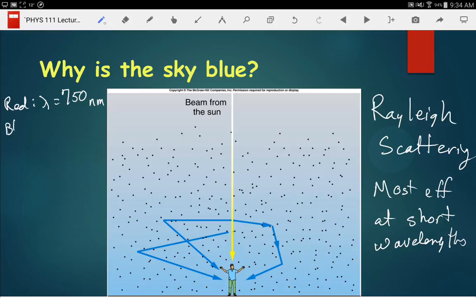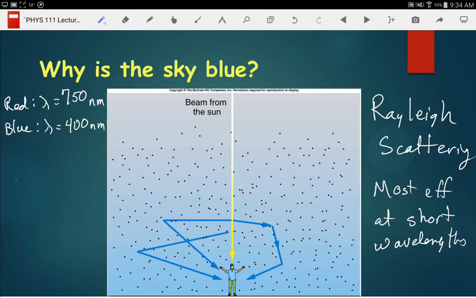What about blue light? About 400 nanometers. So which of these is going to have stronger Rayleigh scattering? Blue, because it has the shorter wavelength.